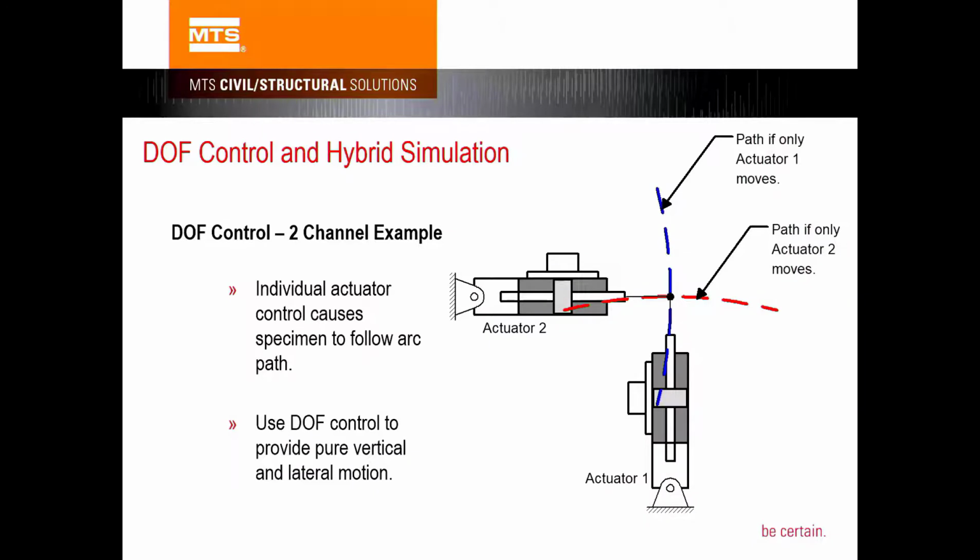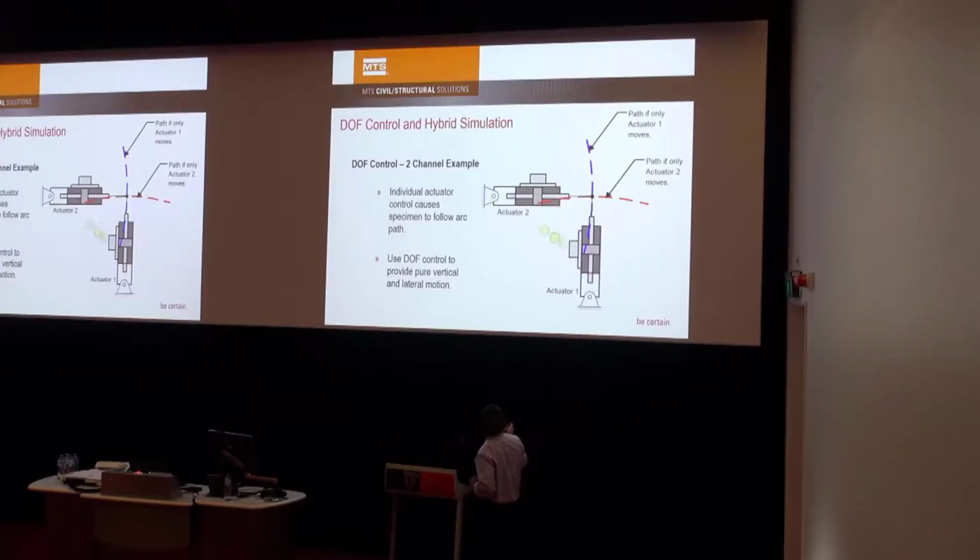If you have a control point and you want to control this point in X and Y, and you have two actuators like this, where one moves and one does not, then it goes along an arc. So globally, it is not controlling the XY displacement accurately. It's controlling an arc.